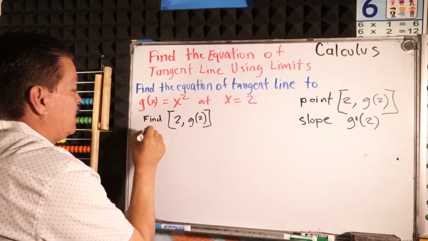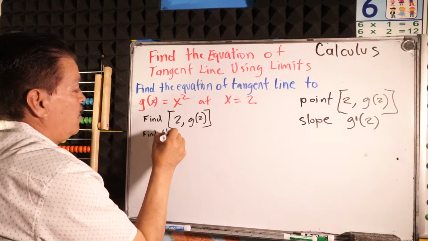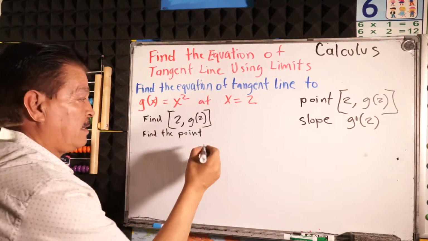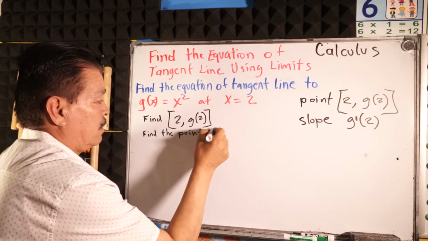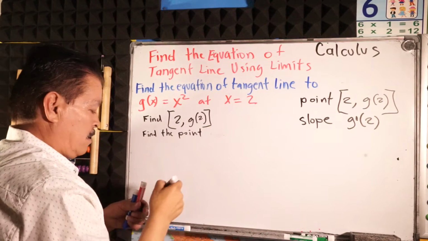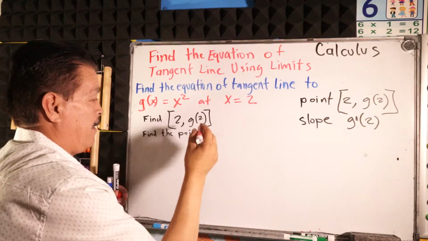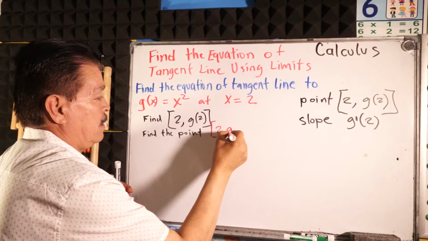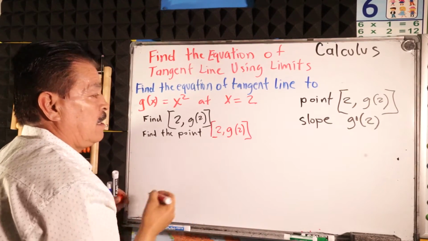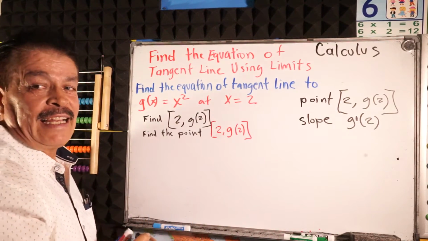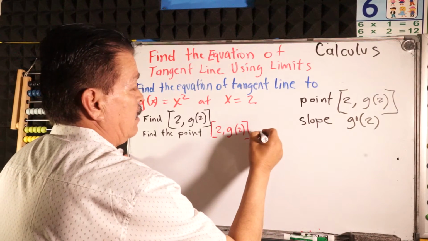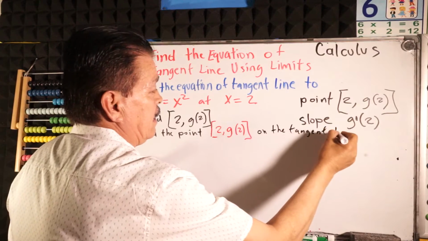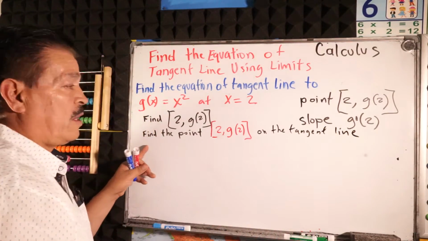Here we have to find the point 2, g of 2, but find the point on the tangent line.